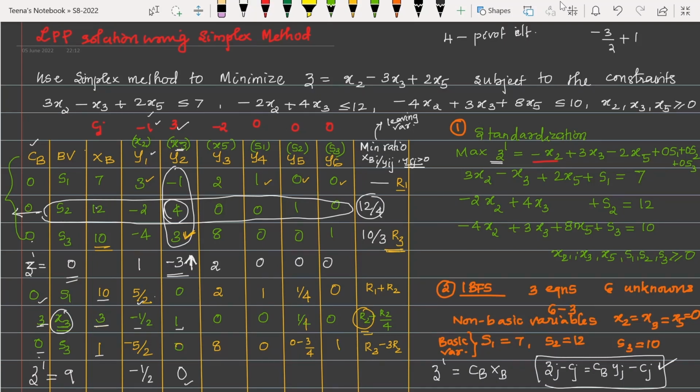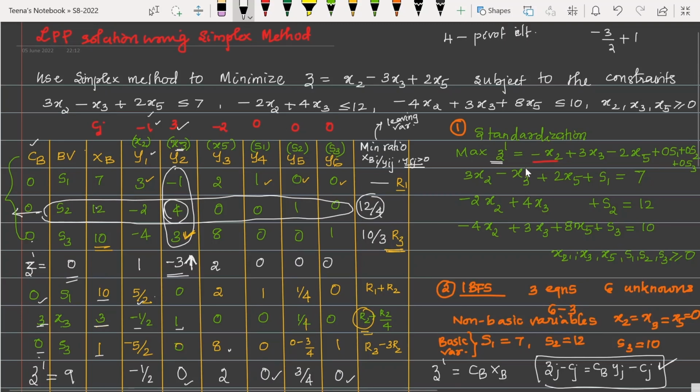Now for the next column, the net evaluation is 0 into 2 plus 3 into 0 plus 0 into 8 minus 2, it is minus 2. Then for the next column, net evaluation is 0. For the next column, it is 3 by 4. And for the last column, the net evaluation is 0. So you can see that the net evaluation corresponding to all the basic variables are equal to 0.